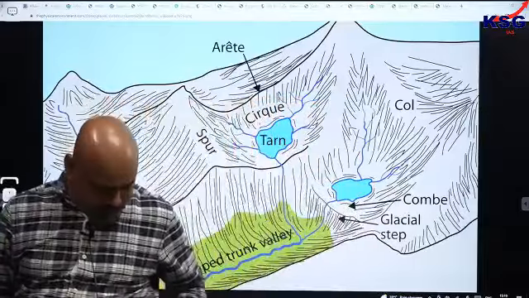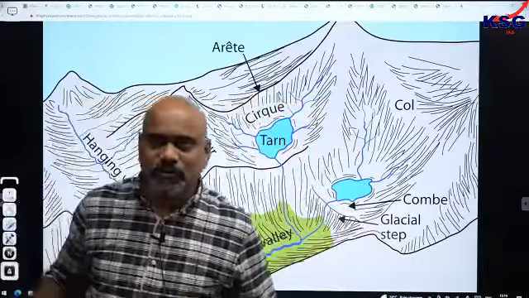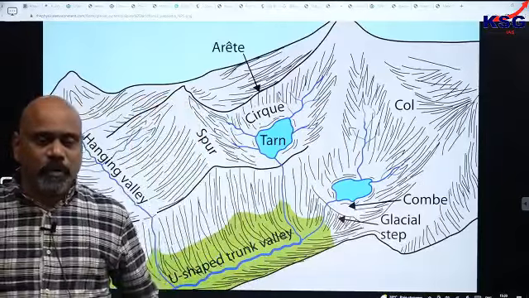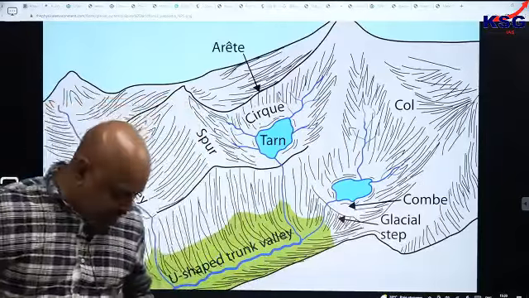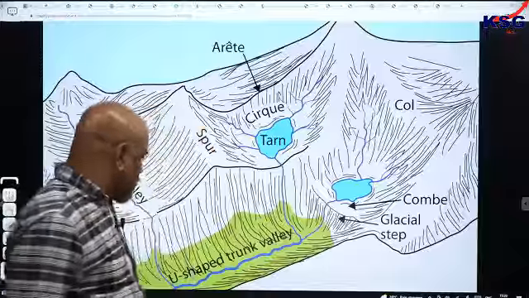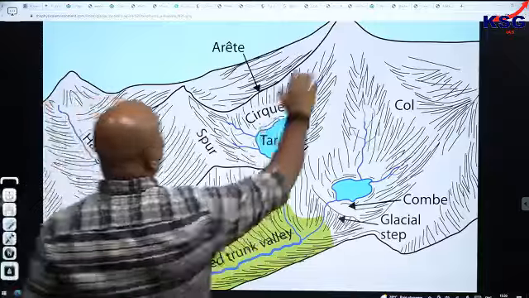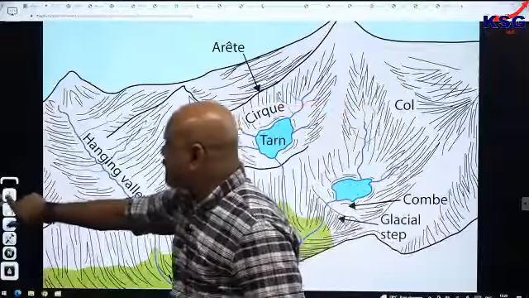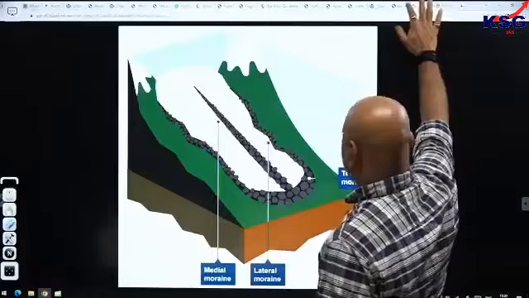Have a look, or else I will draw this also. Just check it out in the diagram whether it is possible. If you got it, fine. If you haven't got it, let me see this again.